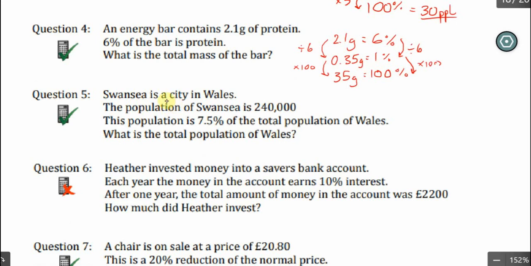Swansea is a city in Wales. The population of Swansea is 240,000, and this is 7.5% of the total population of Wales. So again, it's an example of the first type. So 240,000 is equal to 7.5%.